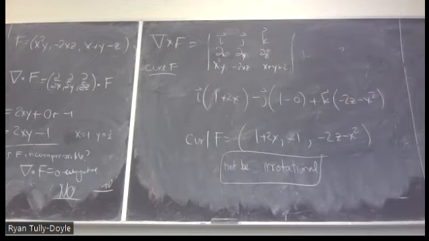Then we had another family of vector fields that look like curl F is equal to 0. So if the curl of F is equal to 0 everywhere, well, here what we're saying is no rotation is happening anywhere in the field.